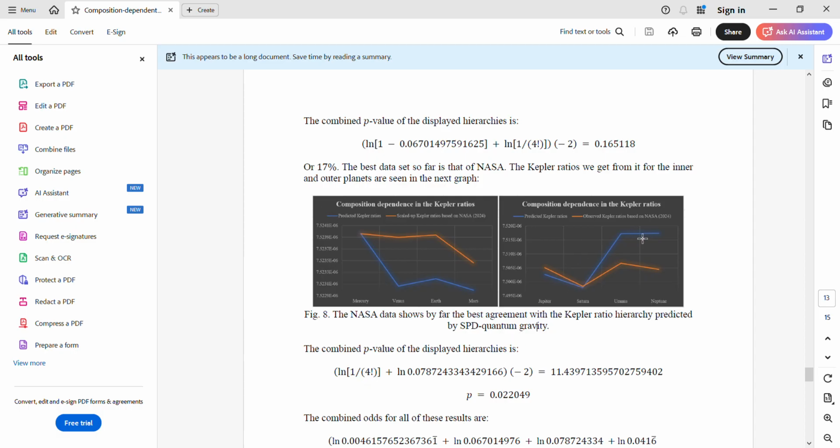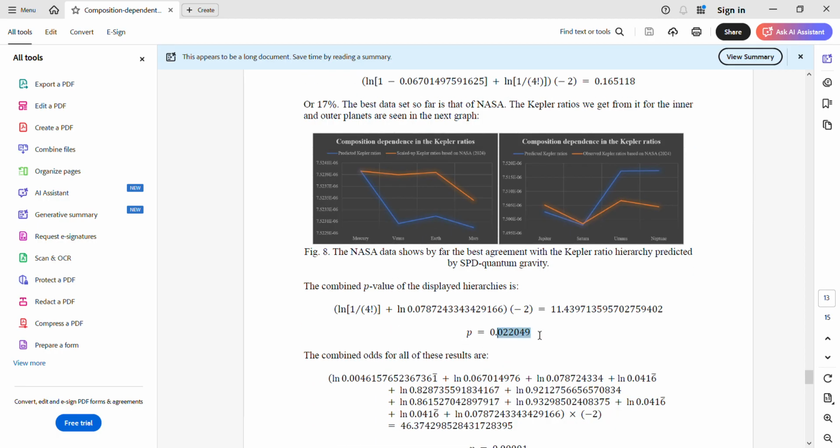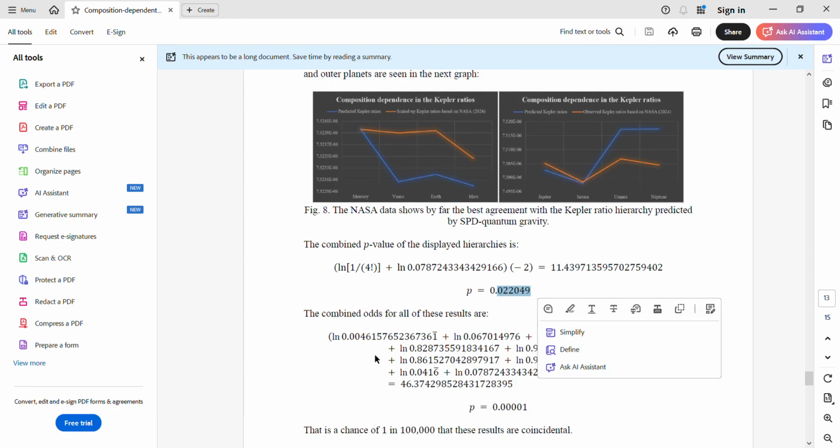Well, I'm not sure if this is supposed to go up or down. I would have to check my Excel file. Well, it doesn't matter. So this one is a perfect agreement. This probably isn't perfect because this is supposed to go up, I think, and this goes down. But anyway, pretty good. It's a 2% chance that this is a coincidence.